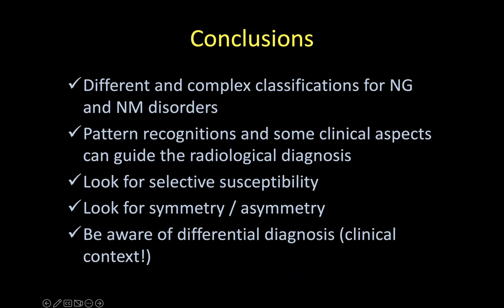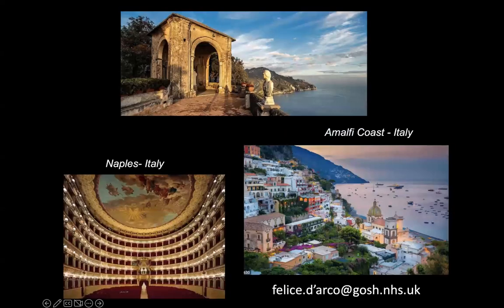I've shown you the Chudley-McCullough, but also the biotin-thiamine responsive basal ganglia disease, for instance, or a treatable condition like some of the neonatal inborn metabolism disorders. Look for selective susceptibility, look for symmetry versus asymmetry, and be aware of the differential diagnosis and pitfalls. And again, don't forget the clinical context.